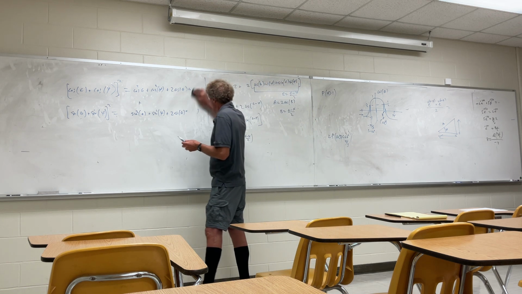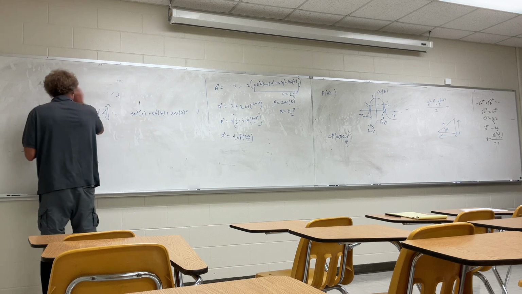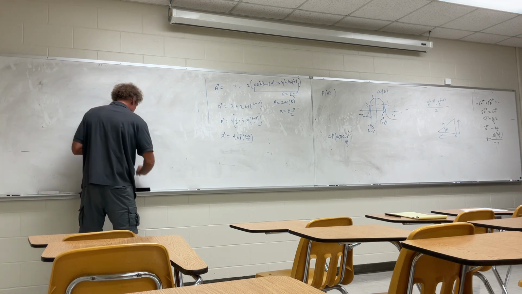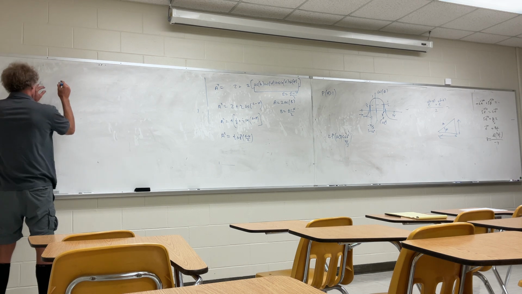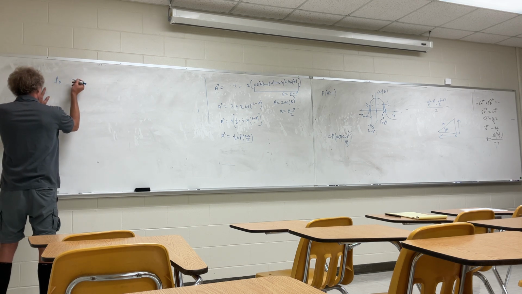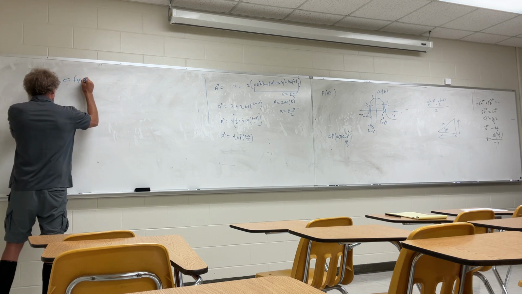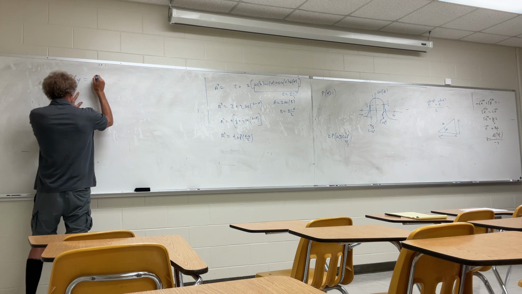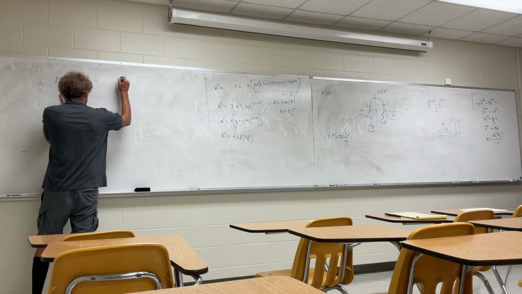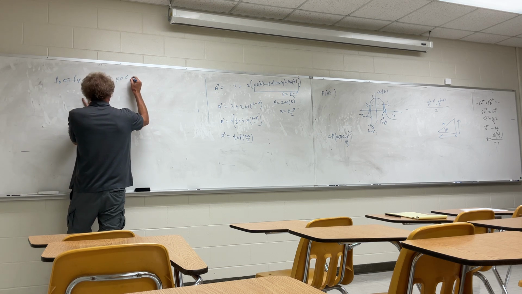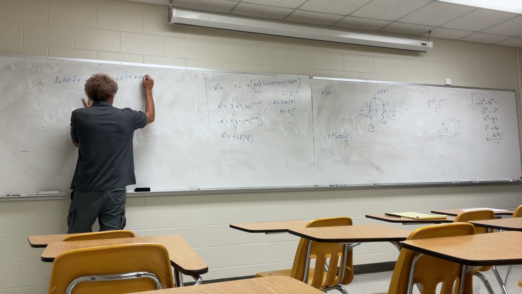I'll do it over here. And what they say is really f of theta is going to have the same exact form as f of psi, and it's going to have a value of 1 over 2 pi for values of either psi or theta greater than 0 and less than 2 pi.